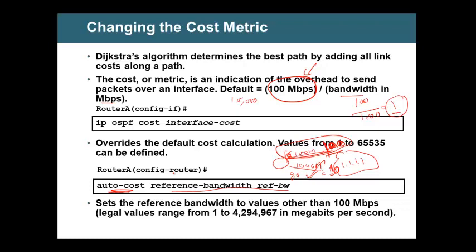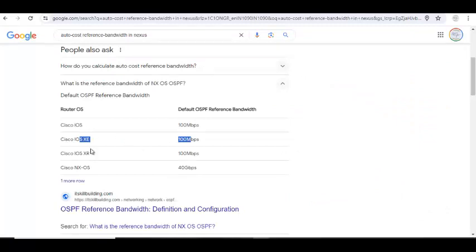See, EIGRP, because it's proprietary, they upgrade. But OSPF, the open standard, RFC people, they don't do this thing. IEEE, RFC, they don't do this one. I don't know why. This question you asked: in IOS XR, in IOS XE, it's 100 only. You have to change the reference bandwidth. But good news is in Nexus, the reference is 40.